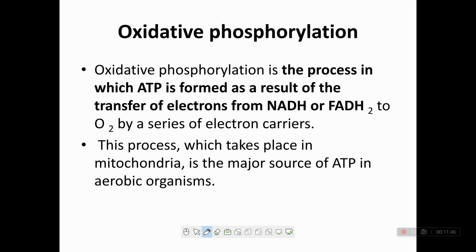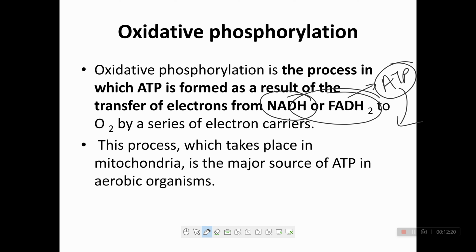Our body cannot take that NADH and FADH directly. Remember this. First, NADH and FADH are converted into ATP. After that, this ATP is utilized by the body. Clear?